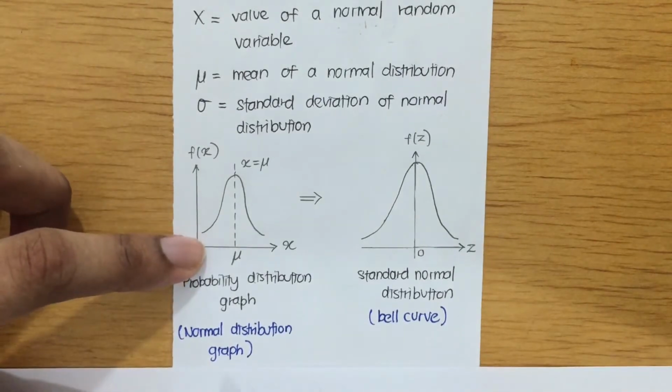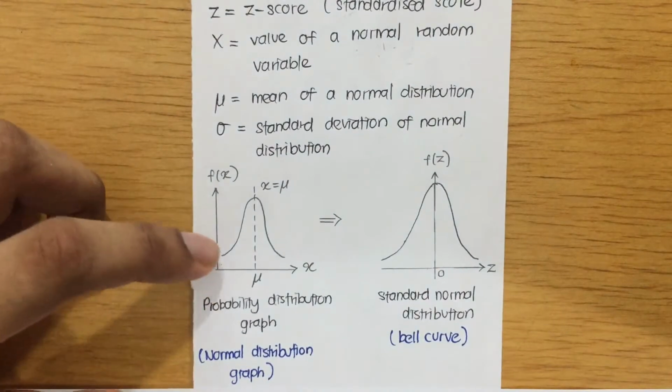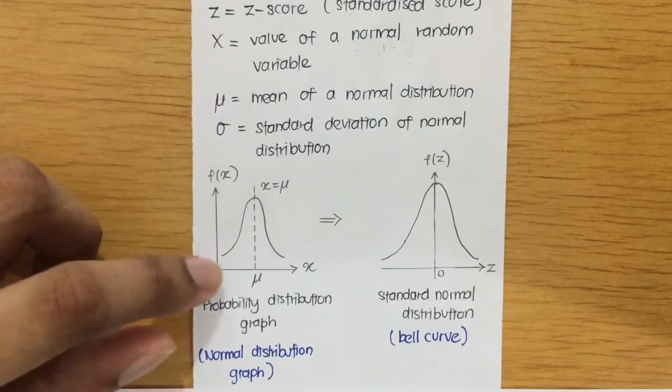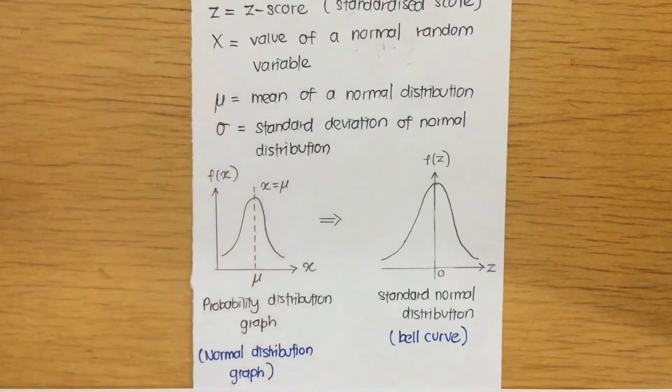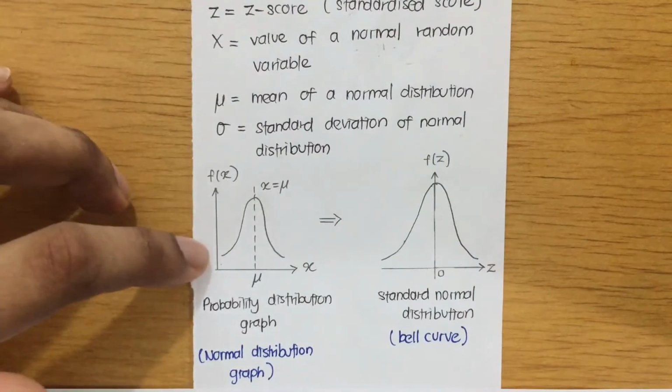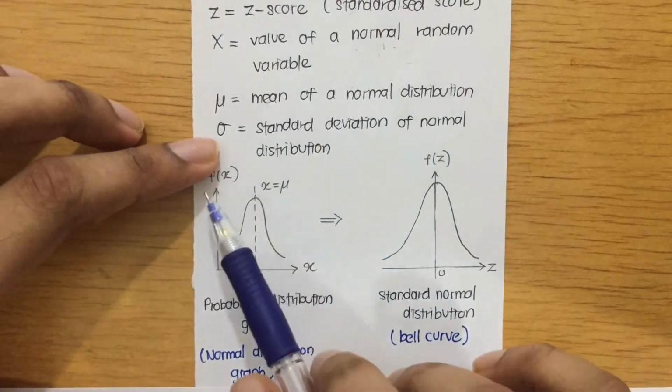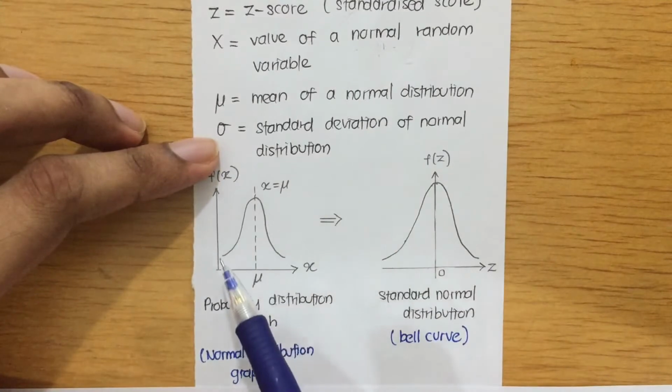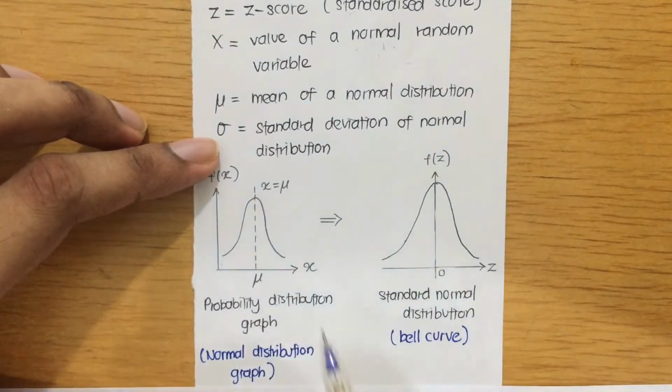Mostly in the companies, they'll be using the data over here. They'll be calculating sets of data, and then they will plot it in a graph such that f(x) versus x. So this is how your reality will look like.